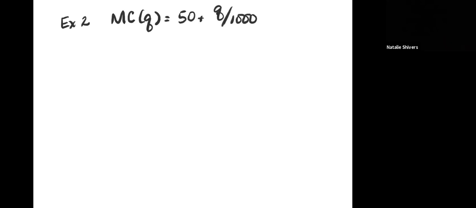Okay, so we're on example 2. And again, our equation is the marginal cost at Q equals 50 plus Q over 1,000. And we have a production from 50,000 to 80,000.